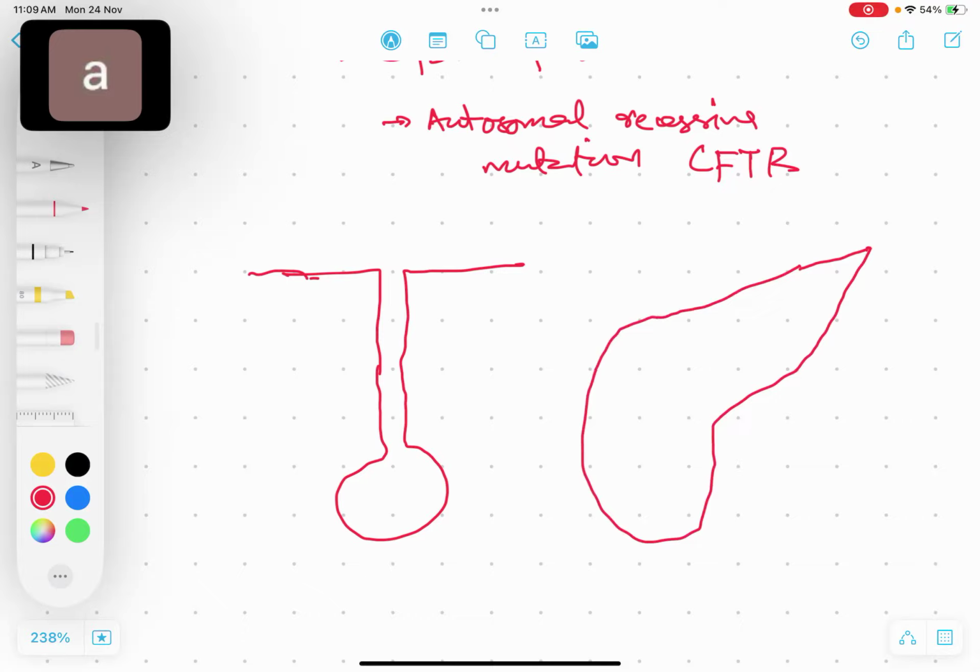So what happens in the sweat gland in a patient who has this gene defect of CFTR? It is a defective sodium chloride channel. For example, these are the ducts which lead to the skin. This is our skin, right?